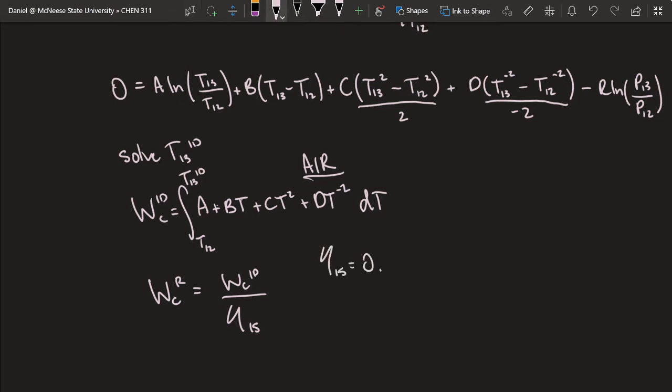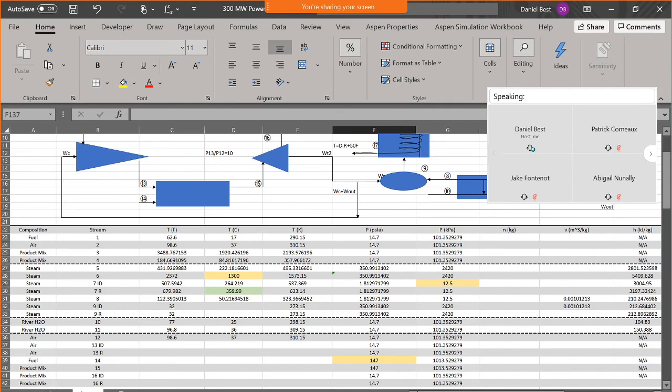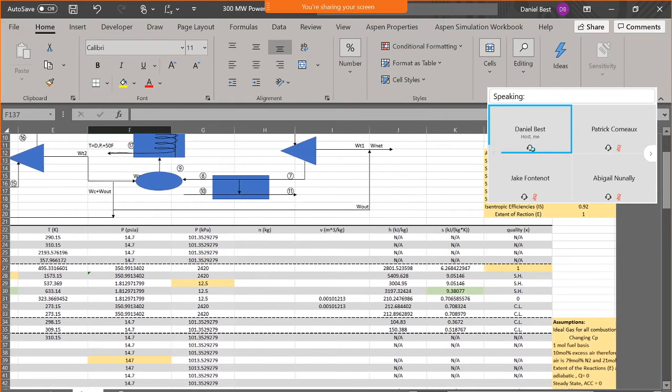I told y'all that it's equal to 0.92, or at least I think it's 0.92. I'm just going to check. Yeah, 0.92.